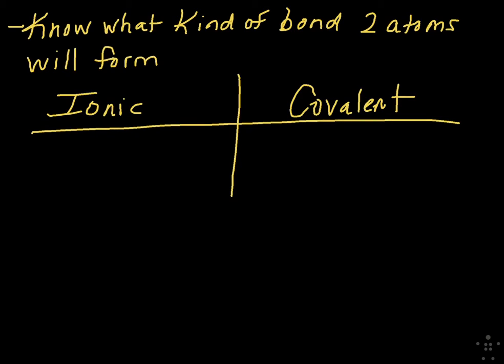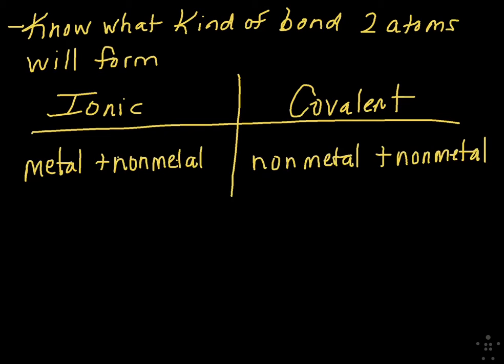It is the types of elements that each bond uses. And so this is it right here. Ionic compounds are formed from a metal bonding with a nonmetal, while covalent compounds are formed when two nonmetals bond together.